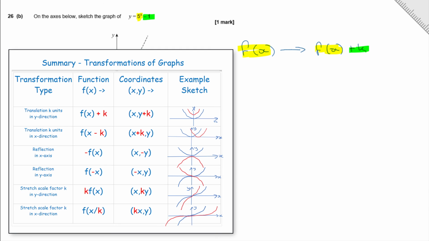In this case, I'm adding a negative value. So that is a translation of k units up. Now in this case, I've got a minus 1. So negative 1 units up is a translation of 1 unit down.